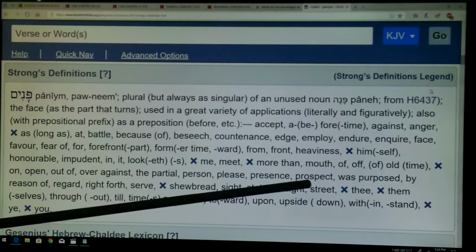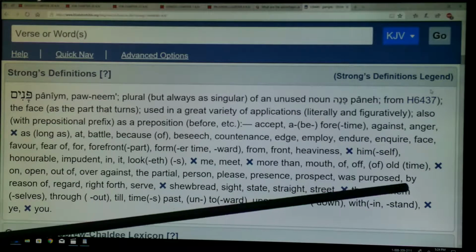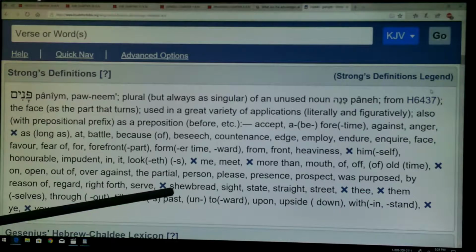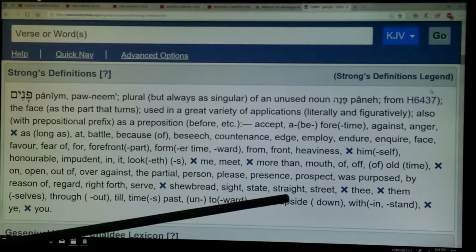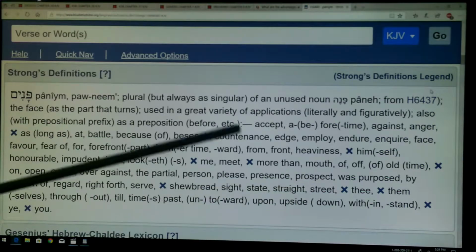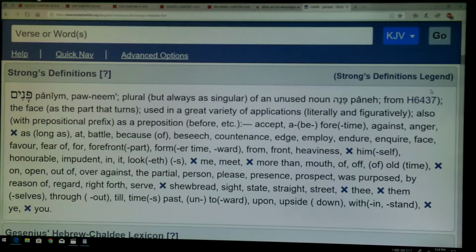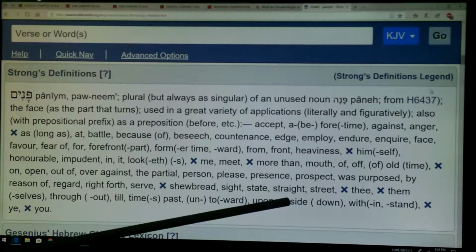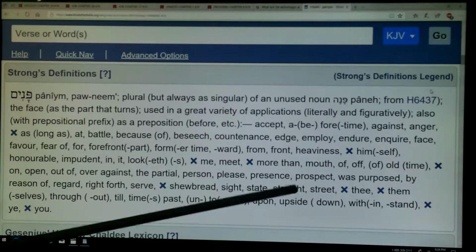Person, please, presence, prospect, purposed, by reason of, regard, right forth, serve, sight, state, straight. Panim means straight. There's nothing straight on a globe or ball. The world is a panim where we live on, and it's not a ball because it's not straight.